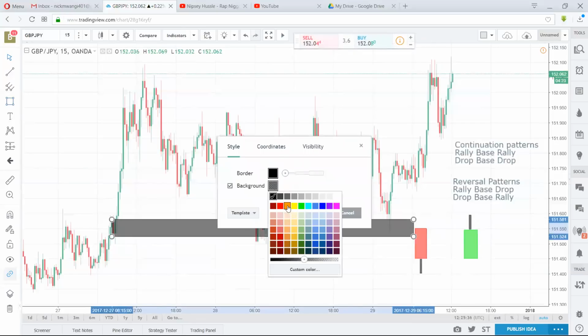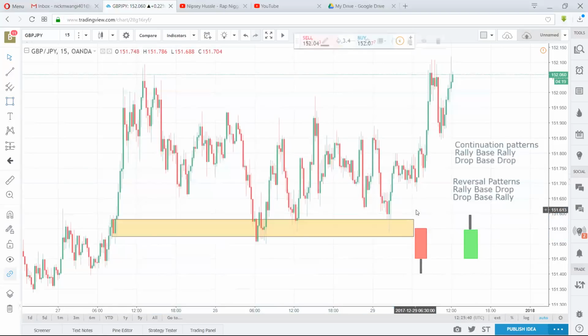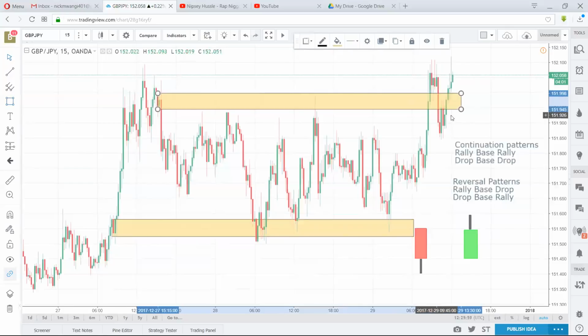Put it brown, gold. So is that zone? Because this was a rally base rally, and we look for supply zones as well. So there is this zone here.